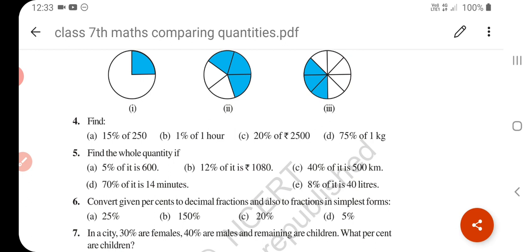And the unitary method, we have also learned in earlier classes, in which we first find the value of one unit and then the value of the required number of units. So these are two different methods to find the ratio.